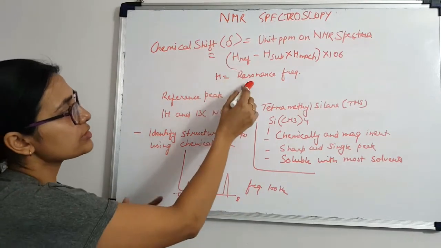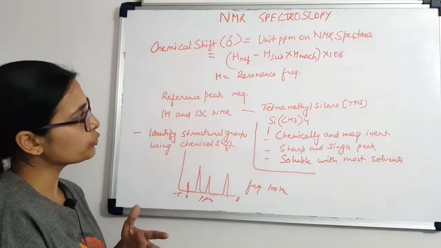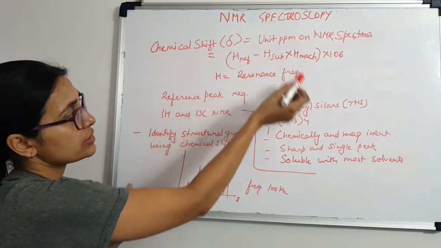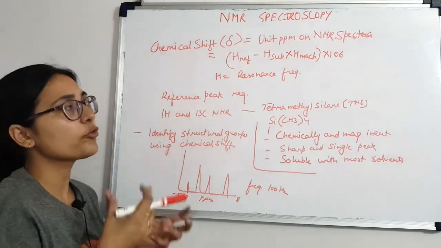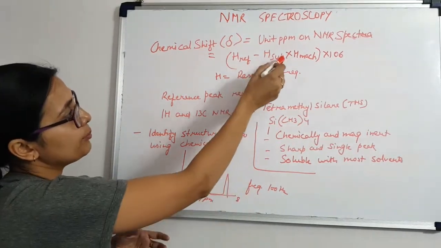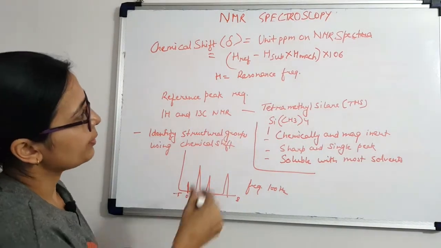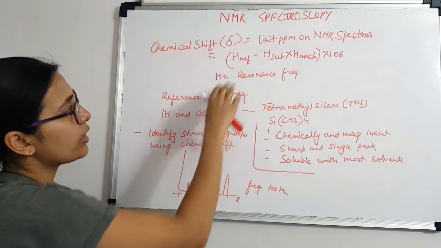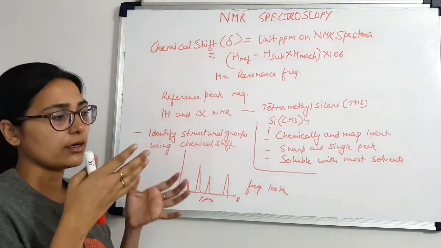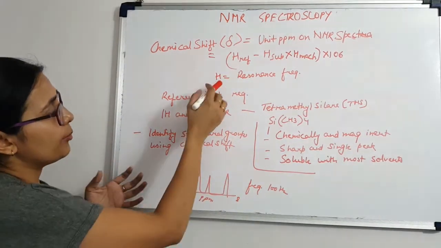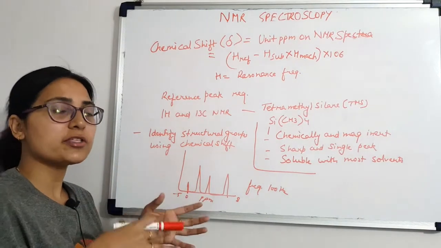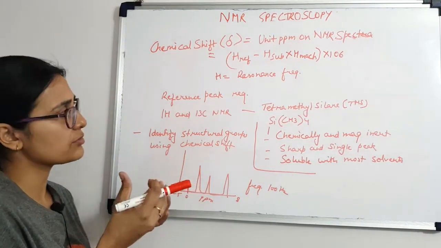So H reference is the resonance frequency of the reference that you're using. Then H substance is the resonance frequency of your sample, divided by the reference frequency of your machine, times 10^6.